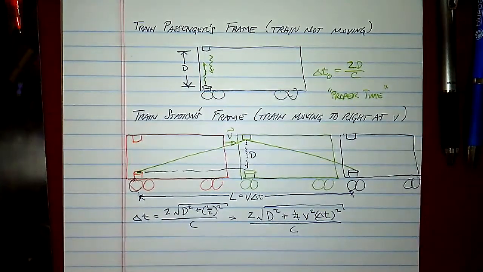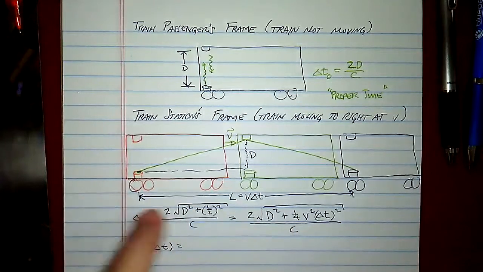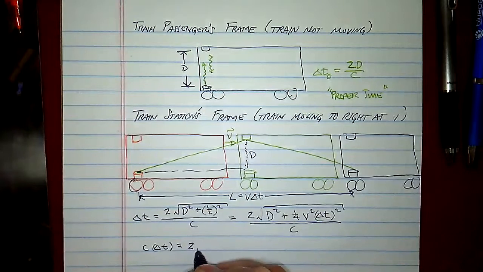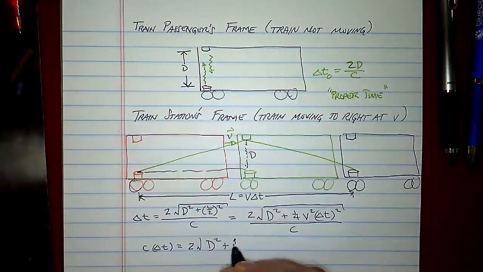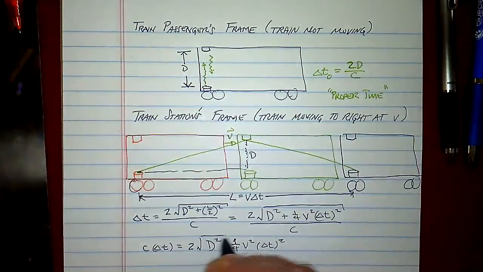Now, if I take that equation and solve for c delta t, all I did was pull the c over to here. So now I have c delta t equal to 2 times the square root of d squared plus 1/4 v squared delta t squared, like that.